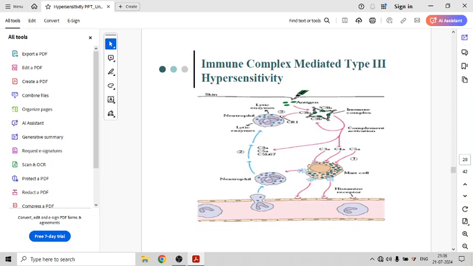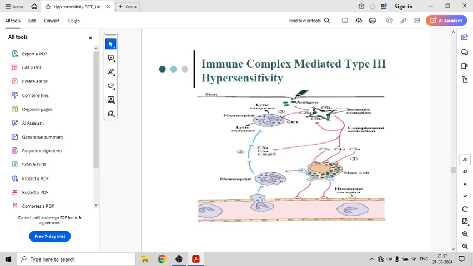So the antigen antibody complex, which is in the form of a precipitate, will also now initiate ADCC response in that area, because the Fc receptor of the neutrophils, Fc receptor of the macrophages will be bound by the antibody Fc receptor, and they will be infiltrating that area and causing the inflammation of that area, because macrophages are also capable of producing TNF alpha.